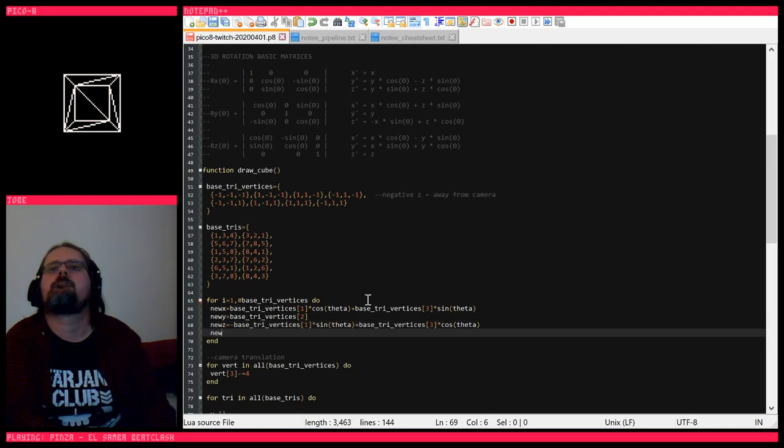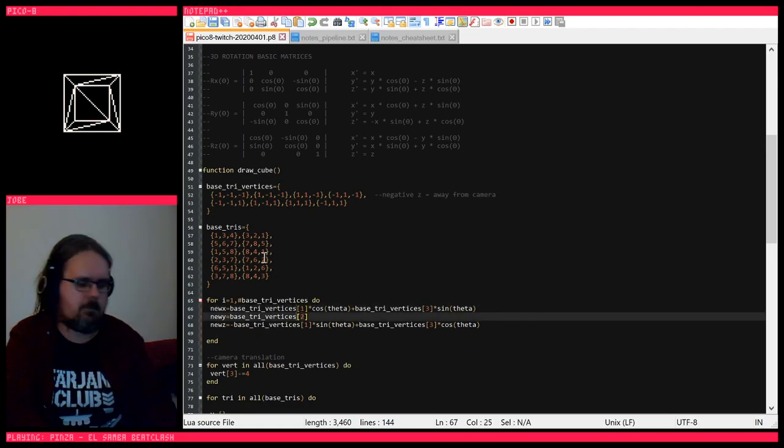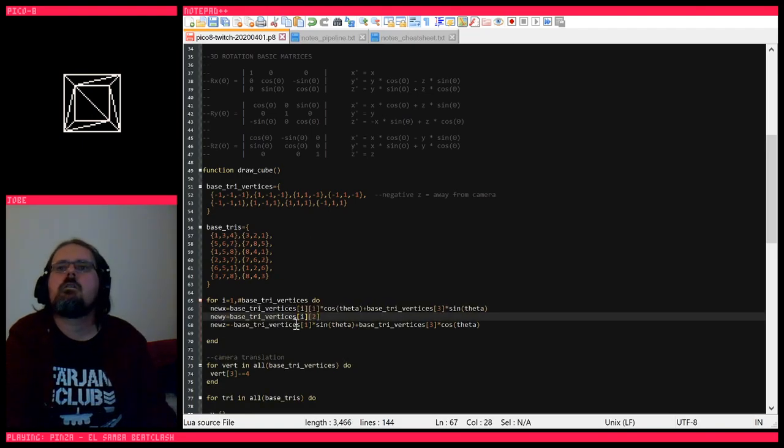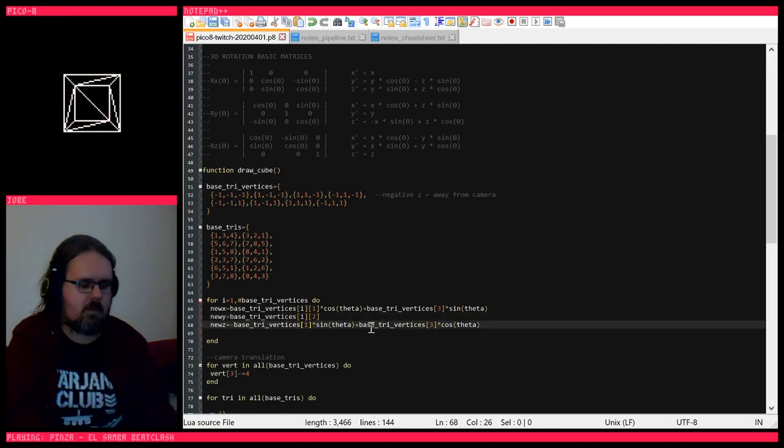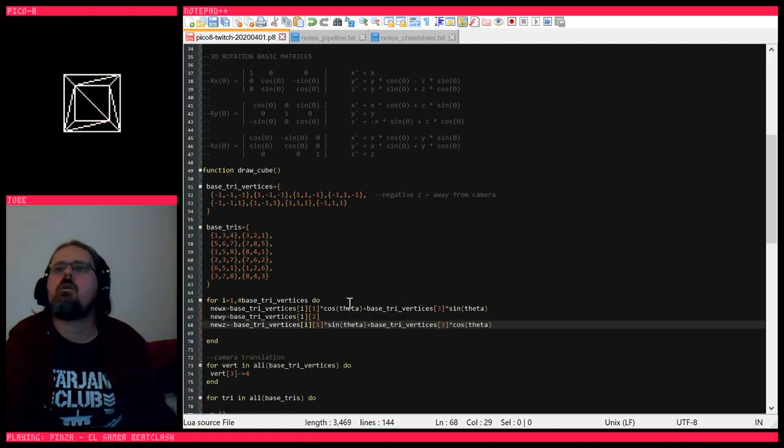Oh yeah, and of course I forgot the i's here, because that's the structure of our array.